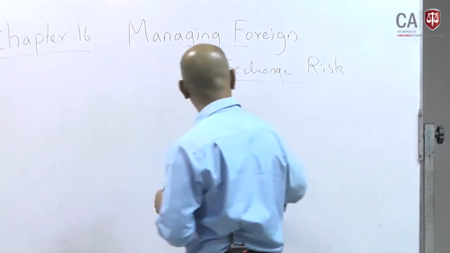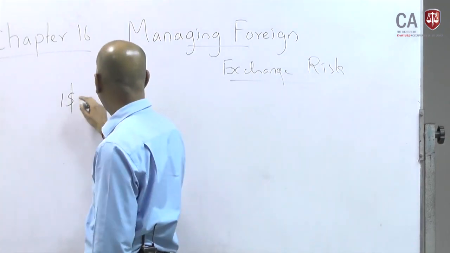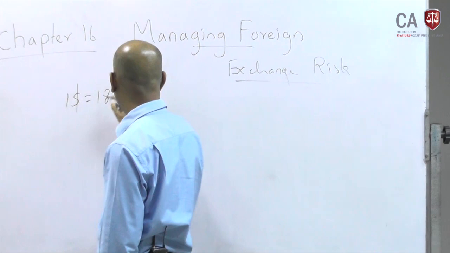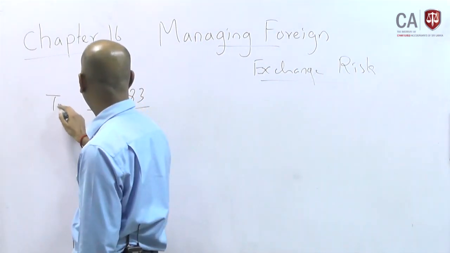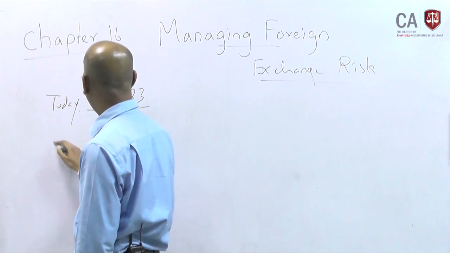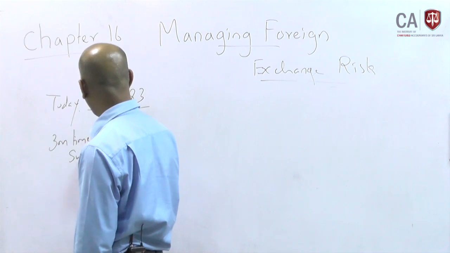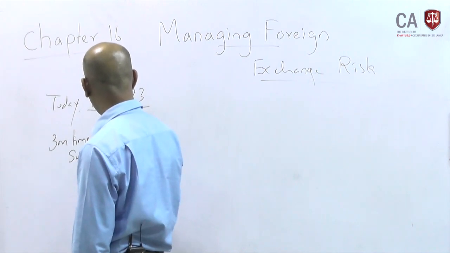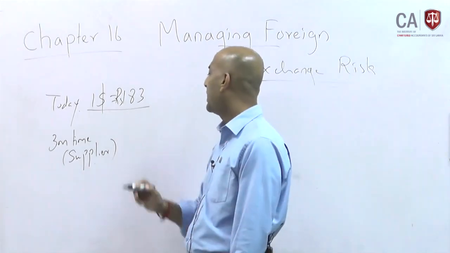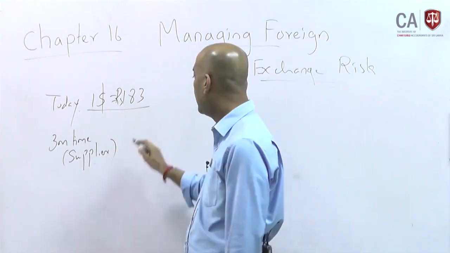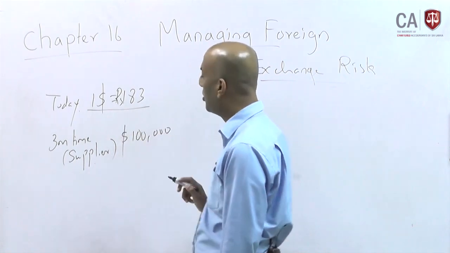Now say $1 is 183 rupees. This is today's exchange rate. In 3 months' time, as a Sri Lankan company, you have to settle your imported goods and pay the supplier $100,000.